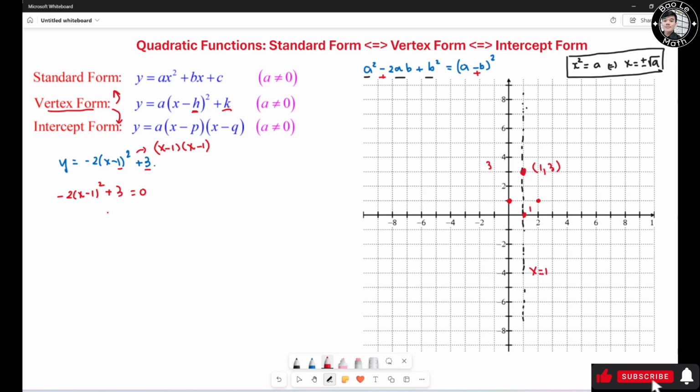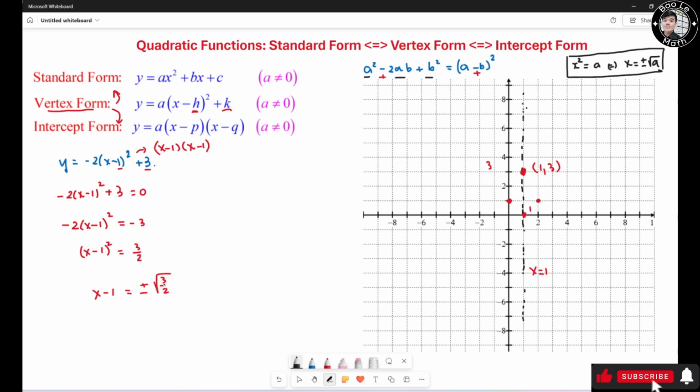I need to subtract 3 from both sides, so I have negative 2 times s minus 1 altogether squared equal to negative 3. Now I need to divide both sides by negative 2, so it's going to be s minus 1 altogether squared equals 3 over 2. Now I need to take the square root of both sides, so it's going to be s minus 1 equals plus and minus the square root of 3 over 2.